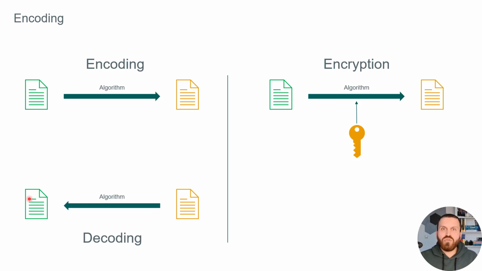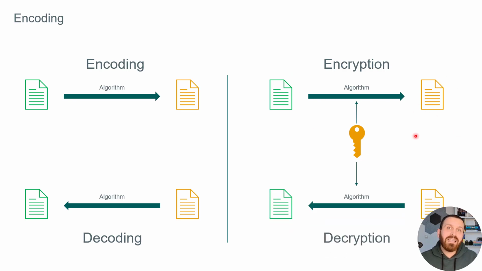It is like a door that you open it and no one can see what is behind that. This key can open this door of the encryption for you or close the door. We use the key for encrypting the file using the algorithm and creating the encrypted file. And we use exactly the same key for decrypting the file. Just be careful that you shouldn't share this key with anyone.